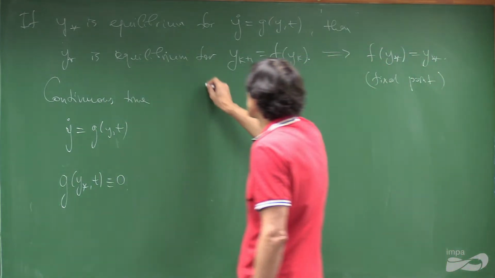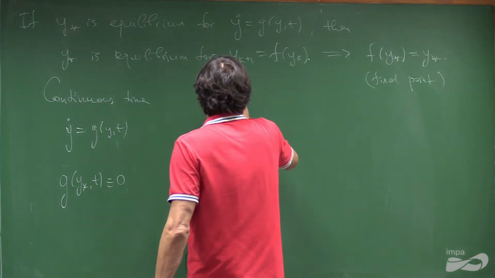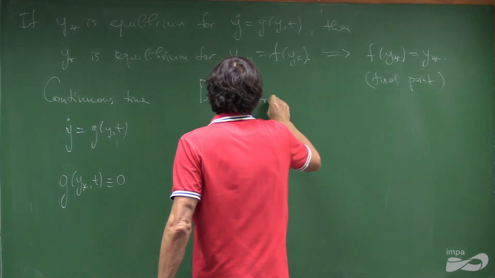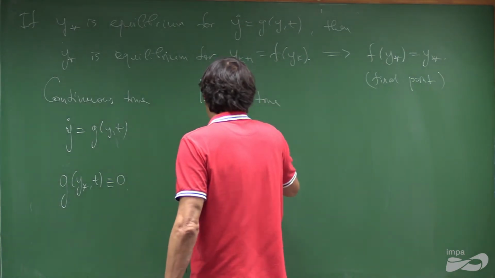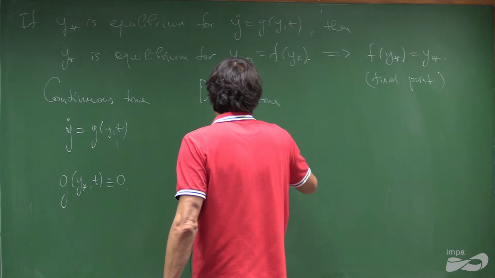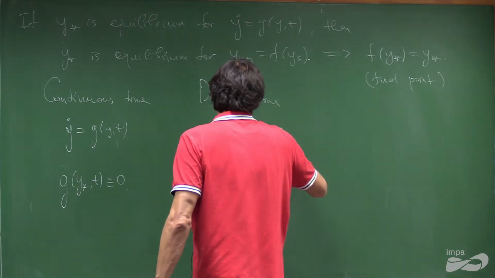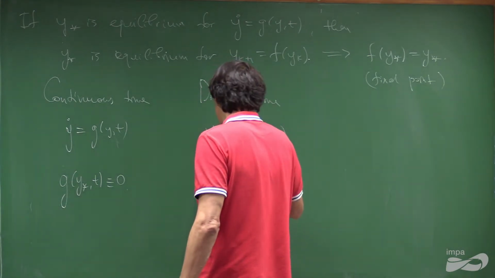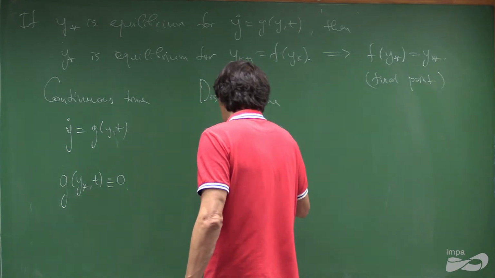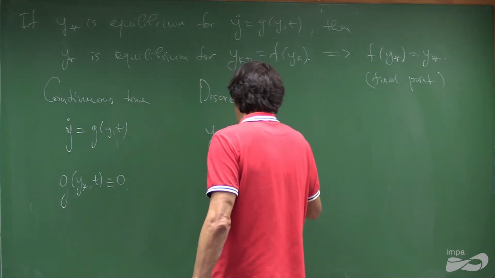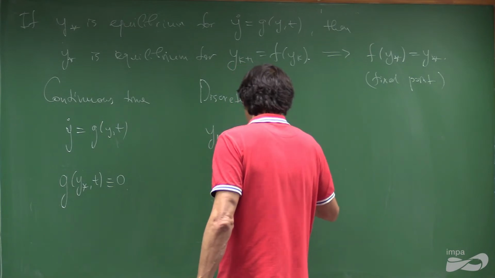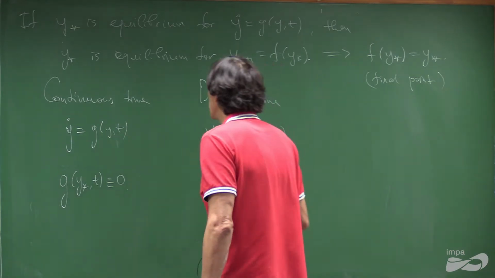And in discrete time, the equilibrium condition is that f of y star equals y star.